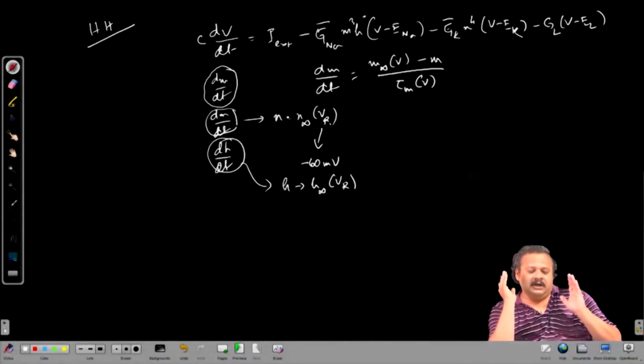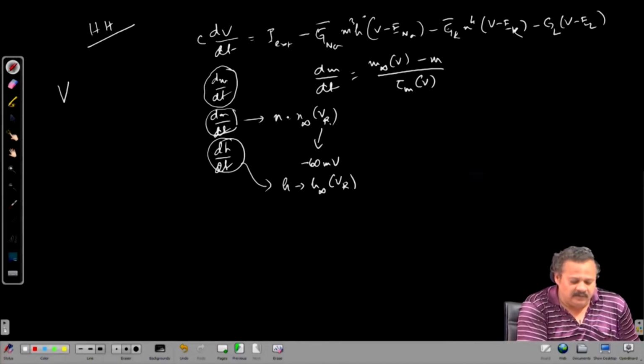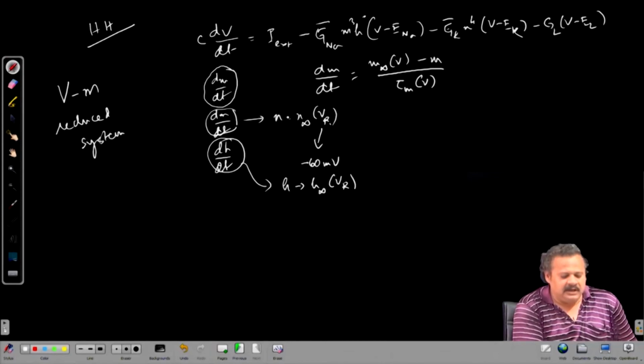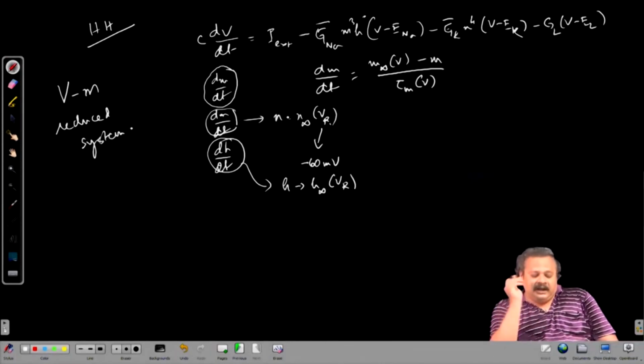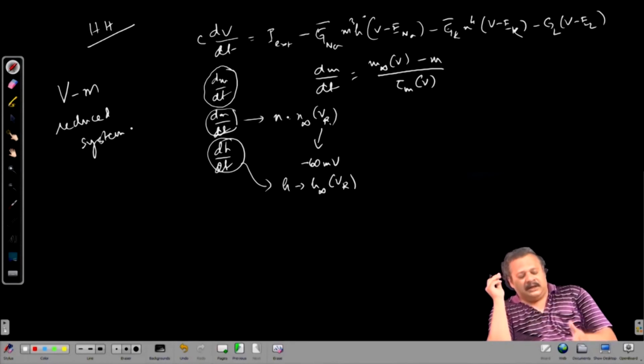Remember, we said that the validity of the reduced system, in this case the Vm reduced system of the Hodgkin-Huxley equations, holds only when the assumptions are valid, that is, n is not changing and h is not changing.